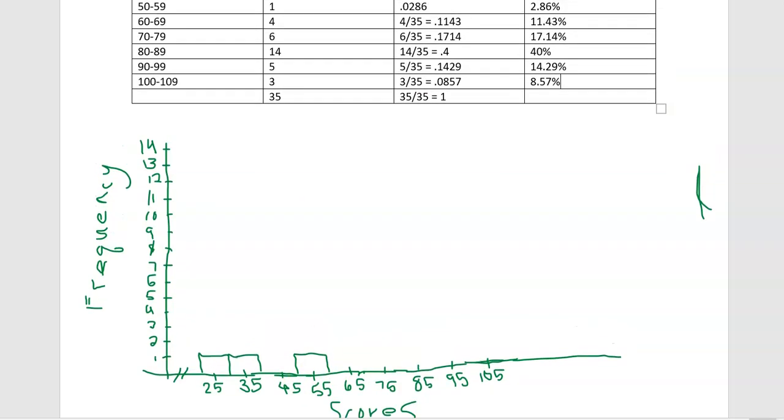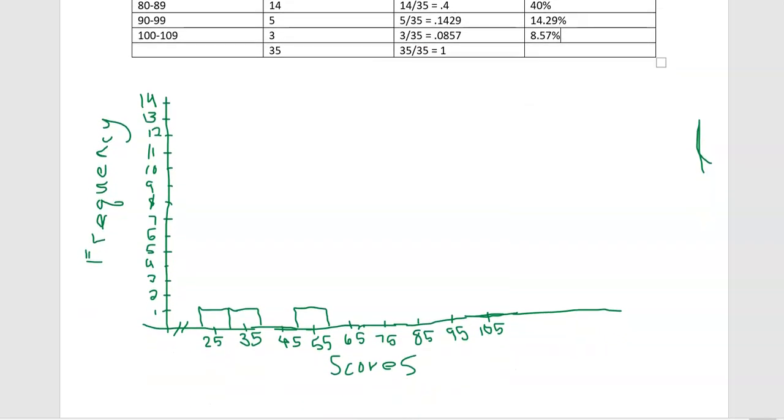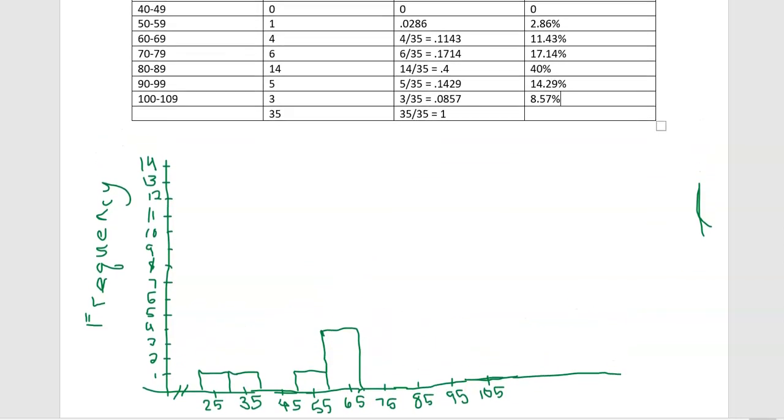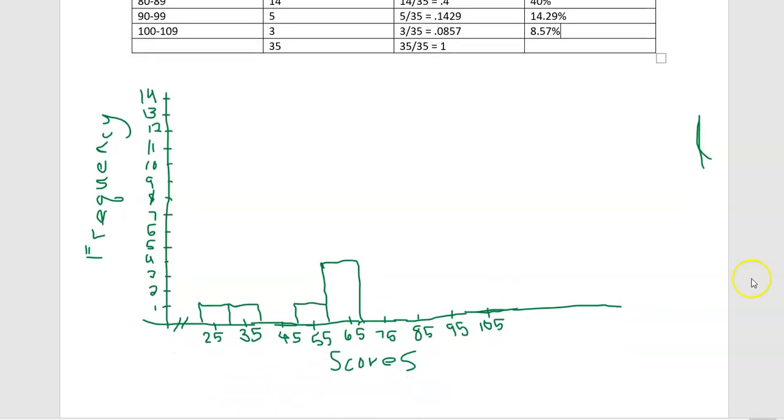And then 60 to 69, we're going to go up to 4. And then 70 to 79, we're going to go up to 6. And then 80 to 89, we're going to go up to 14.